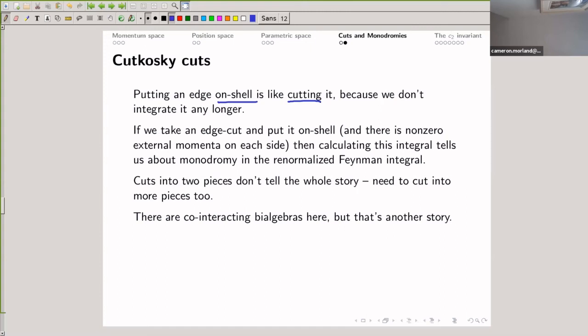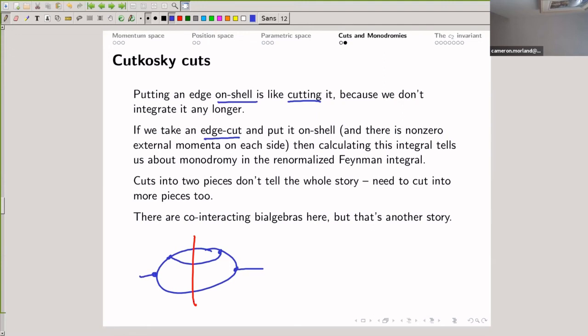And furthermore, if you have a graph and you have some edge cut of the graph, so let's just draw an example graph. Here's a graph, it's got some stuff going on. Nice graph with one particle coming in and one going out. And now I could take an edge cut, I could take this edge cut, and I put it on shell. And there's non-zero external momentum on your side, so that's good. Otherwise, you get something trivial.